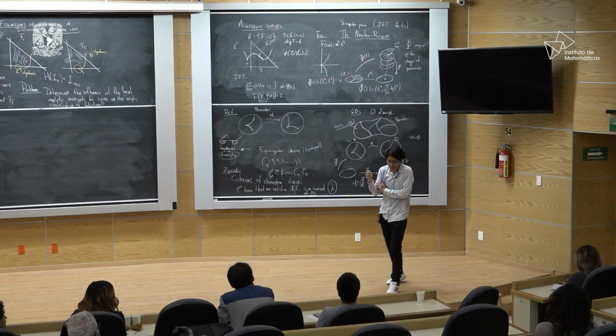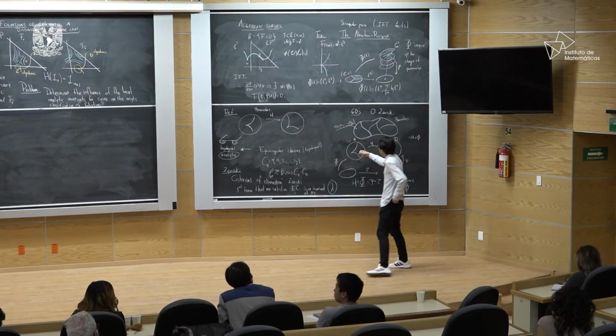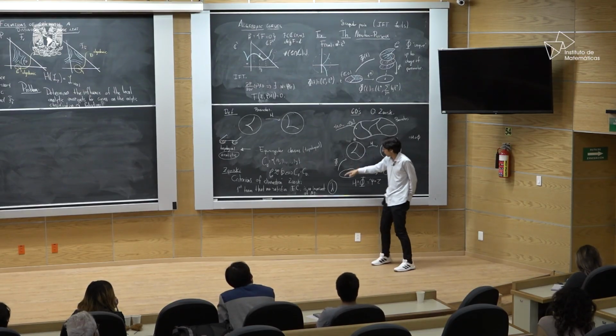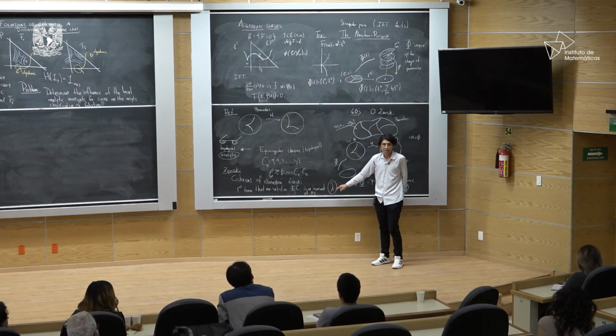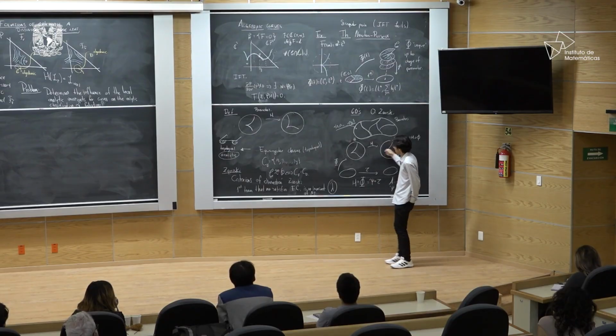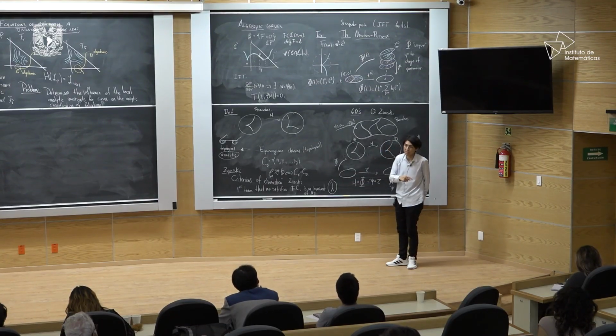That means that you can have two branches with the same Zariski invariant, but they are not necessarily equivalent. If they are equivalent, they have the same Zariski invariant, but the converse is not true.